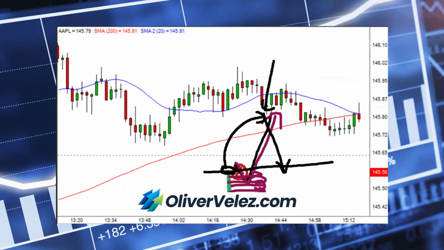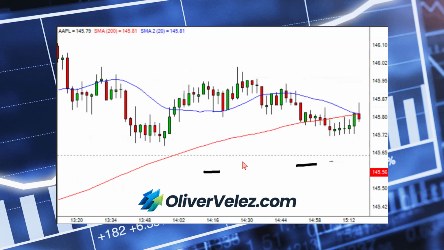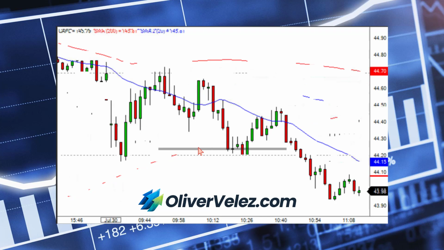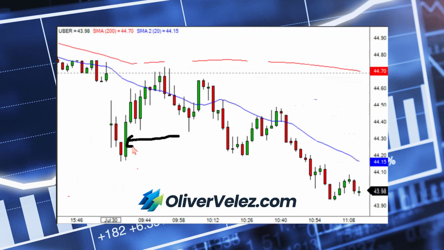And so I can't remember what we were looking at. Maybe it was Uber. So yeah, you see this power bar here? And so yes, one of our traders took a short right there.